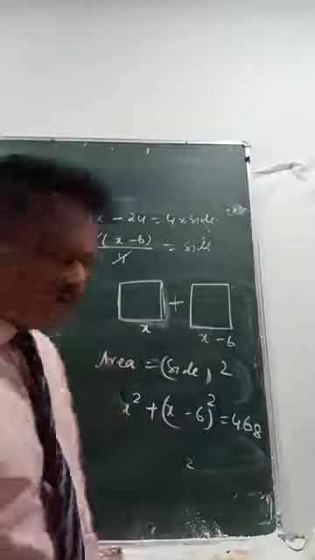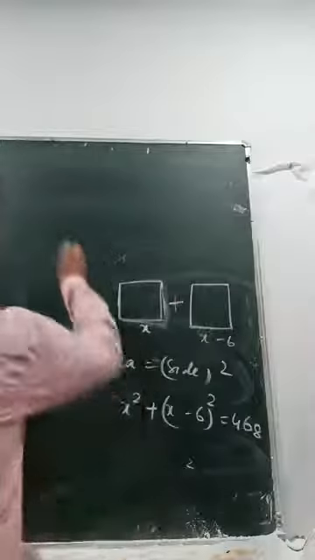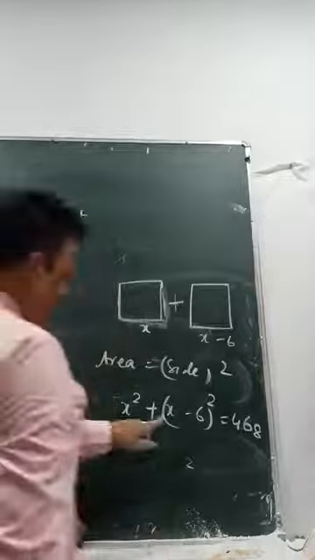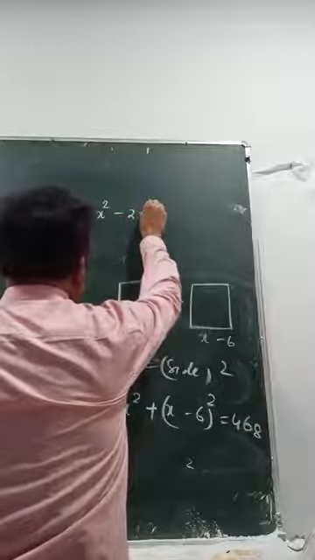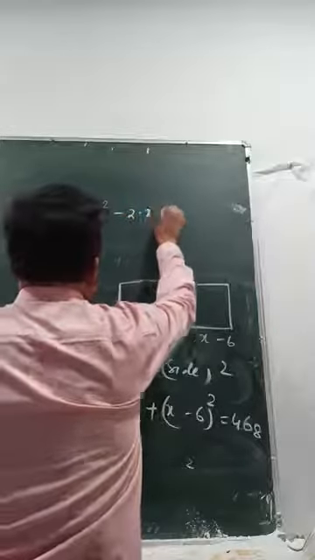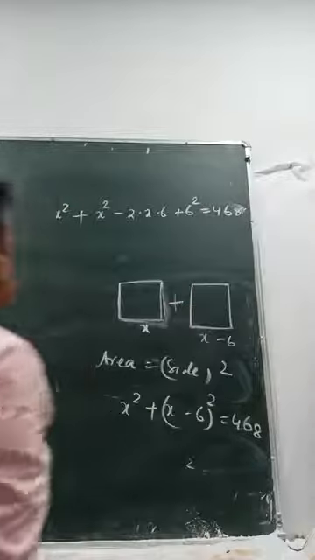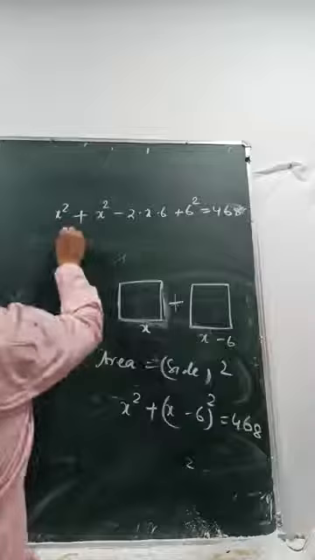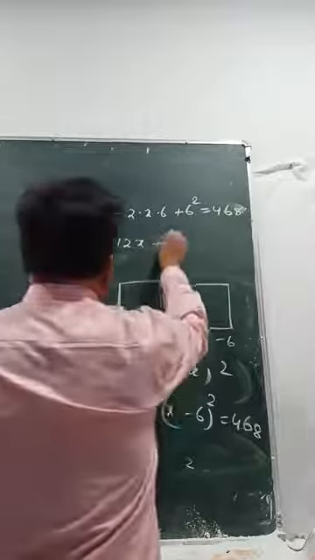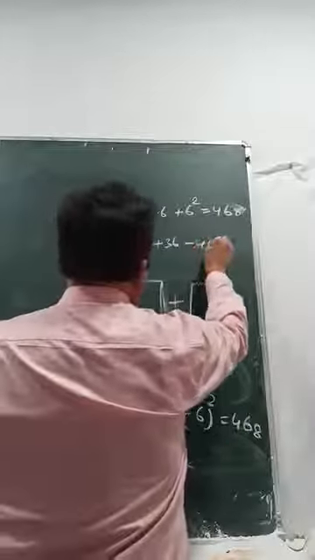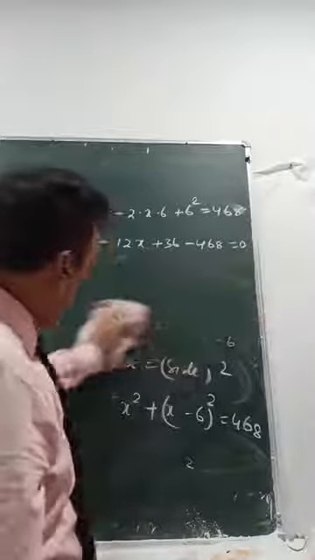Look at here. x square plus, a minus b whole square is a square minus 2ab plus b square, equals to 468. So x square plus x square is 2x square minus 12x plus 36 minus 468 equals to 0. Okay, so what do you get?